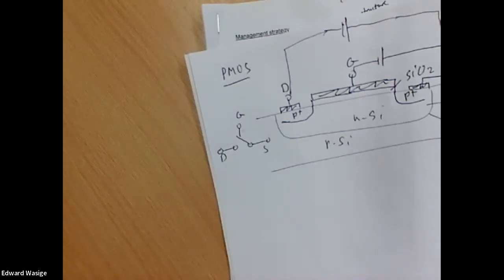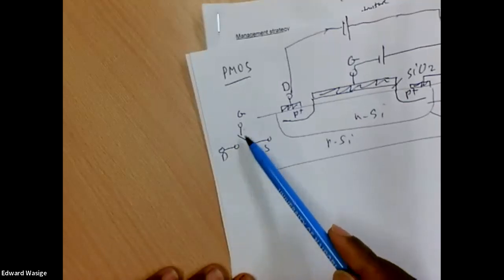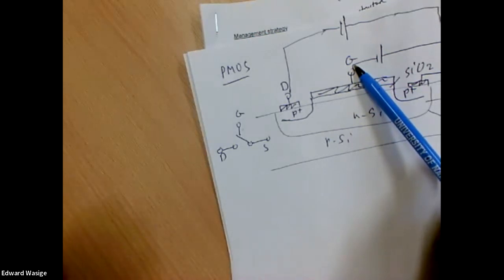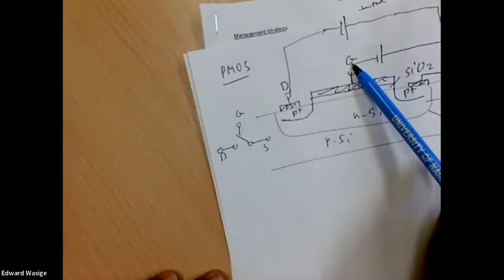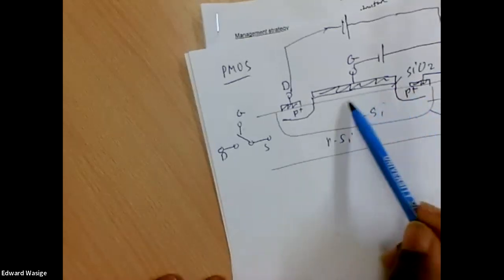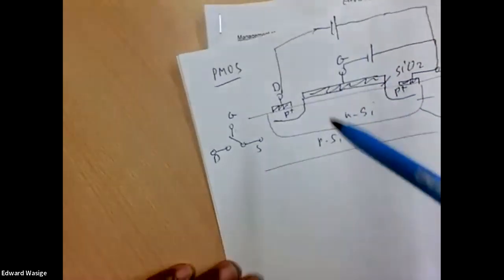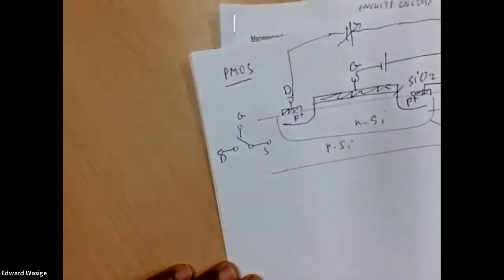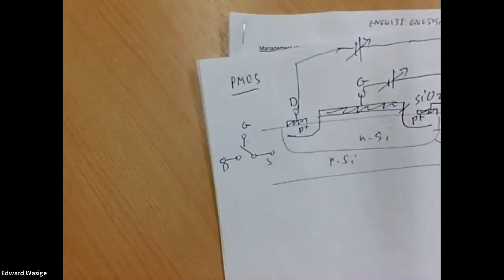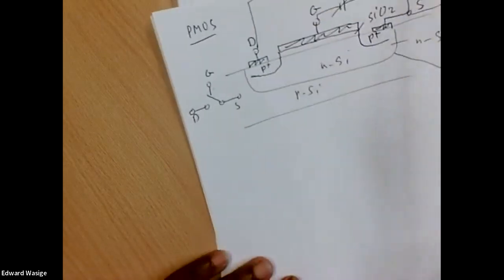So it's a normally off device, also this configuration. And you only turn on the device, or you close the switch, if you put large enough negative potential here. So the threshold voltage for this device is a negative number, it's a negative potential. And once VGS is greater than the threshold voltage in terms of magnitude, we attract holes here. And so if we vary the drain to source voltage, the current flows across this device.